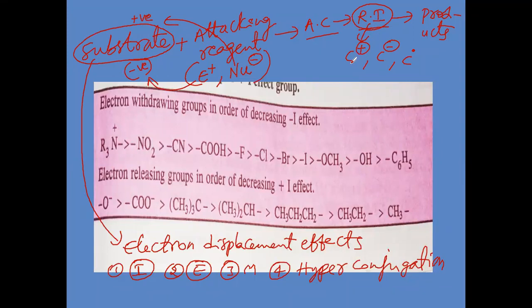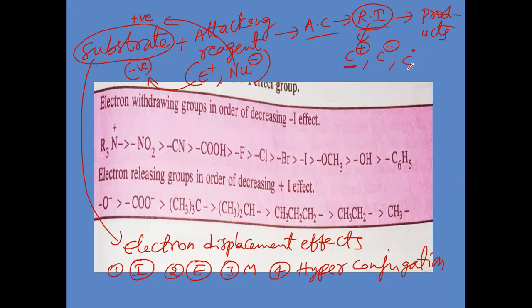Suppose in one reaction, a carbocation is formed as a reaction intermediate. In that case, we have to say carbocationic mechanism. If a carbanion is formed as a reaction intermediate, that will be called carbanionic mechanism.